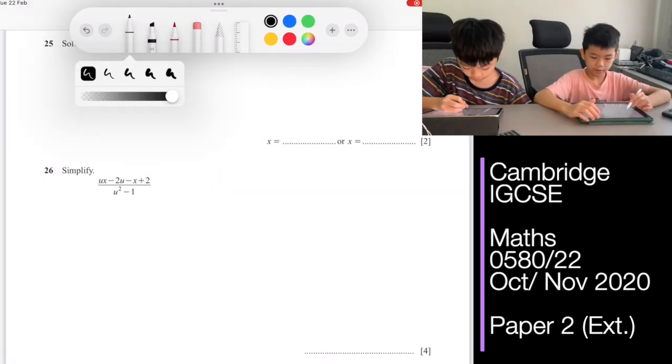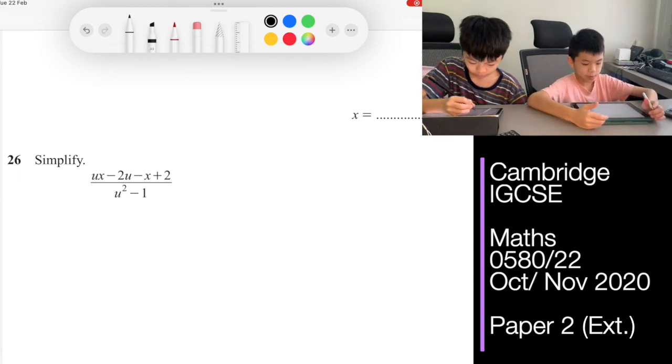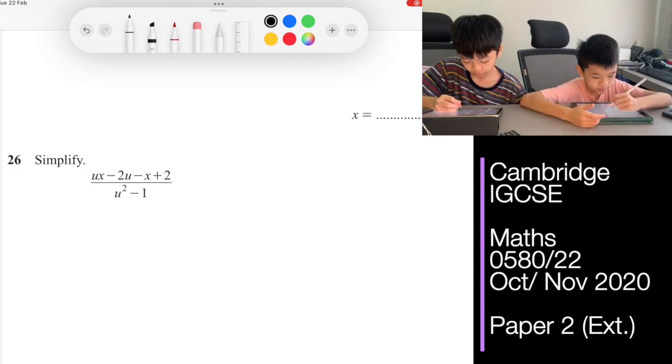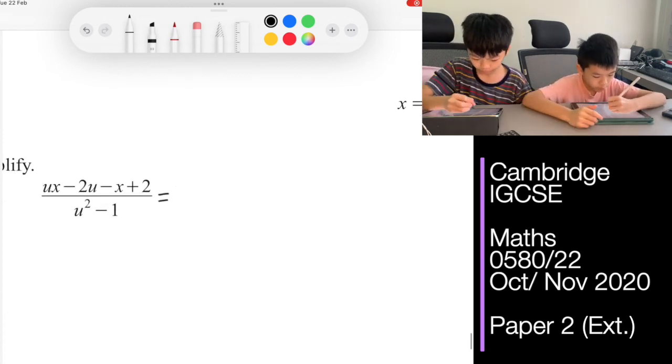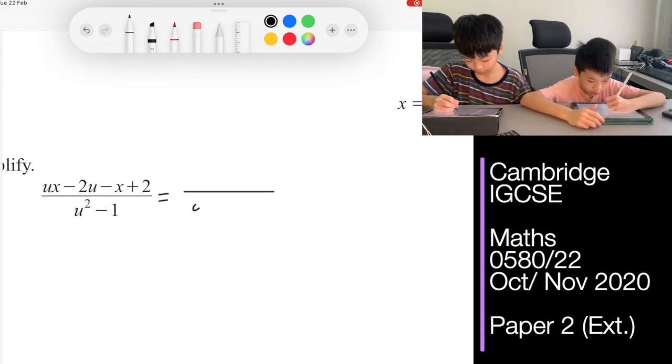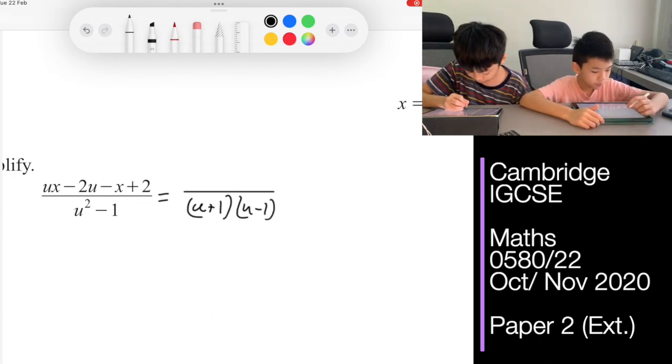Okay. For question 26, simplify ux minus 2u minus x plus 2 over u squared minus 1. So that would be equal to the top over u plus 1, u minus 1.